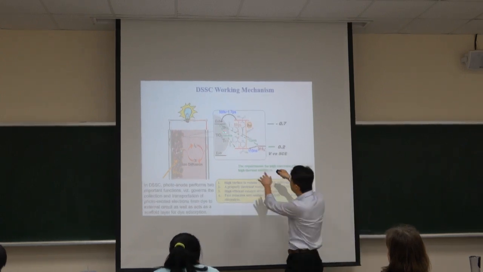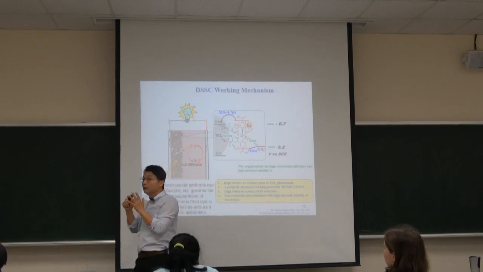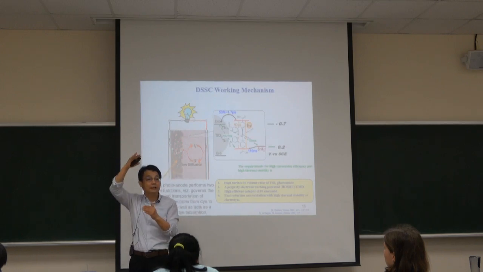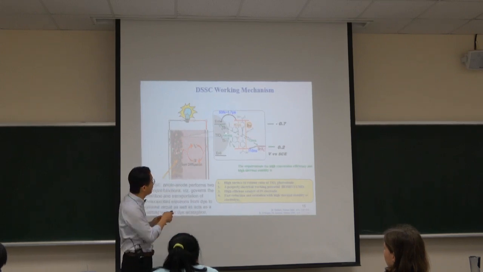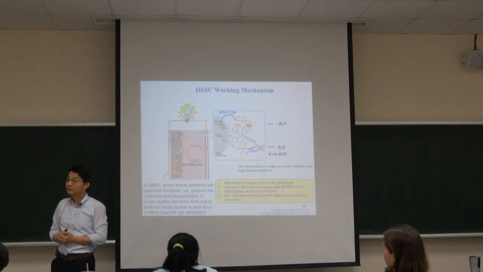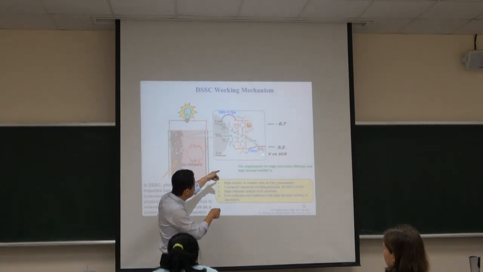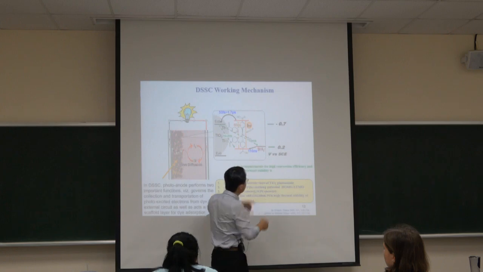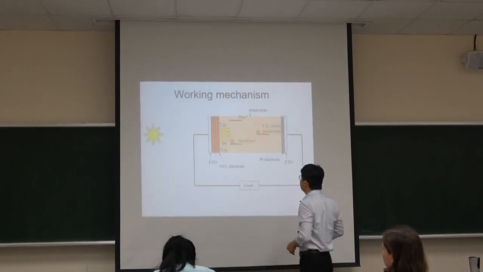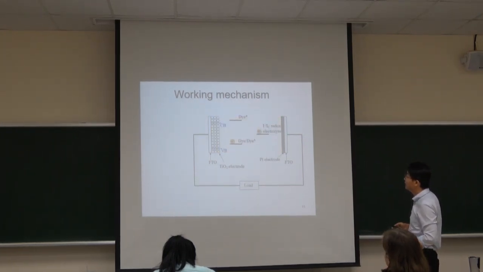So if there is some defect, or if the impedance of the titanium dioxide is too high, that means the electron will be blocked at this stage. That becomes a problem, making the electron here combine to here, and maybe combine with the electrolyte as well. So this is important, and I think you should understand that stage.